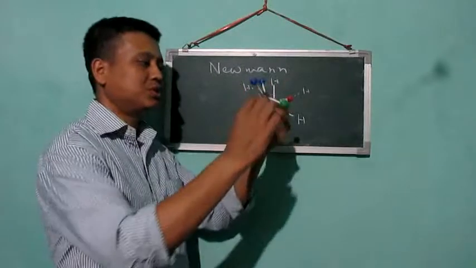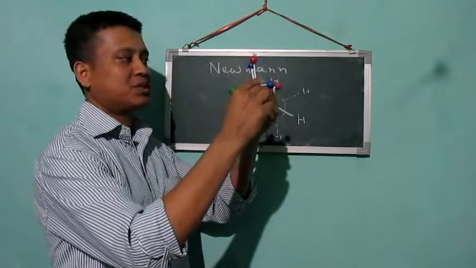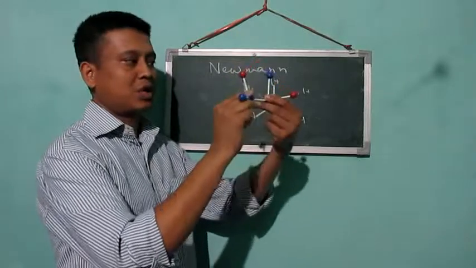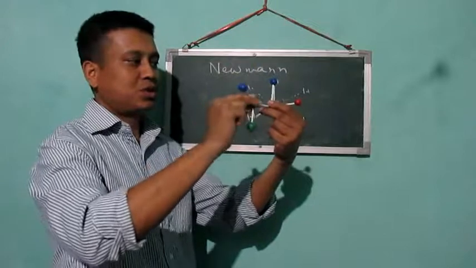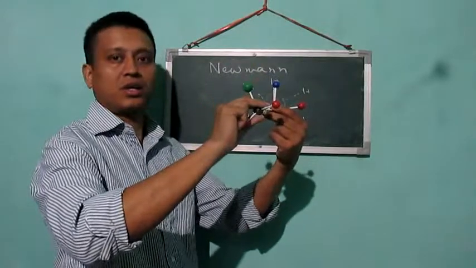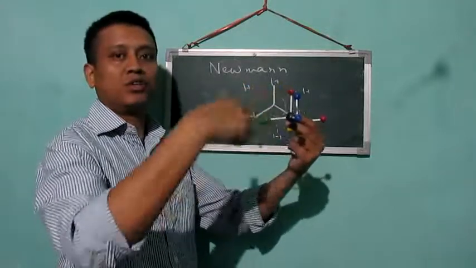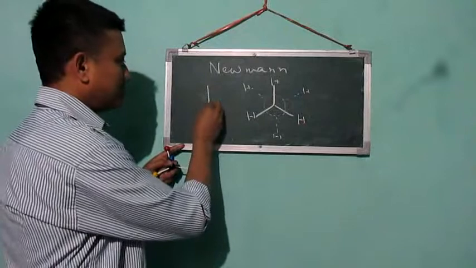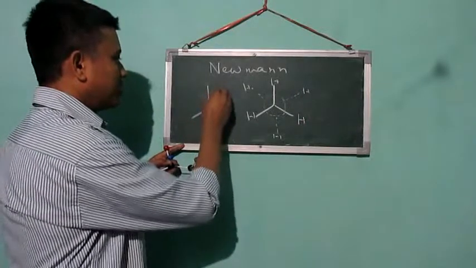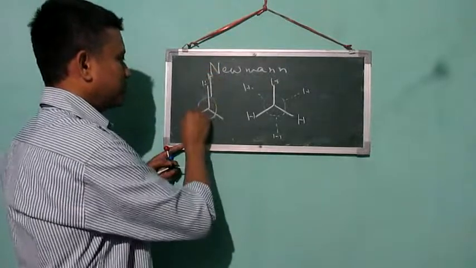Now what we can do, we can rotate this carbon by keeping the second carbon fixed. So during this rotation we will get different conformations, and those are different Newman projection structures. Suppose like this, we can also have this structure when these hydrogens are just above this hydrogen.